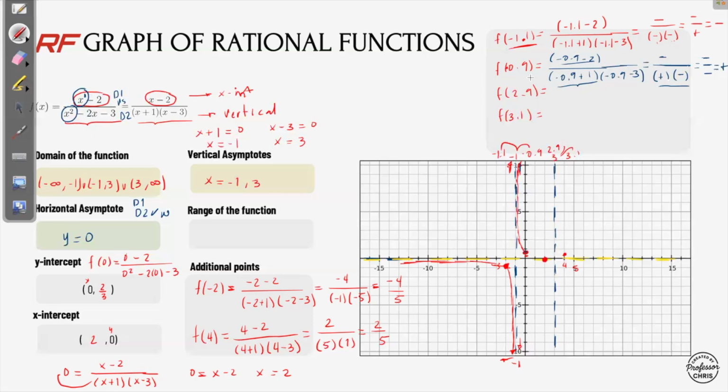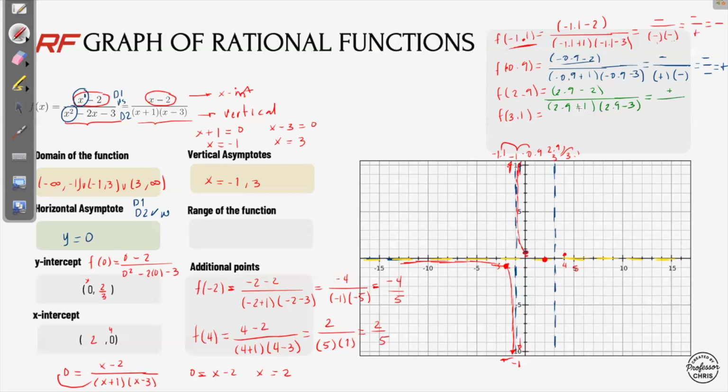Then, if you evaluate with 2.9, you're going to try to figure out whether you're going to get a positive or a negative number. So you're going to go for 2.9 minus 2 divided by 2.9 plus 1 and 2.9 minus 3. So the 2.9 exceeds the minus 2, so this is going to be positive.